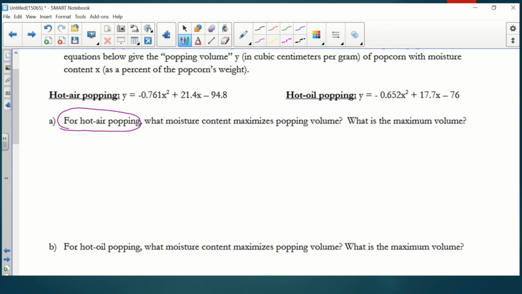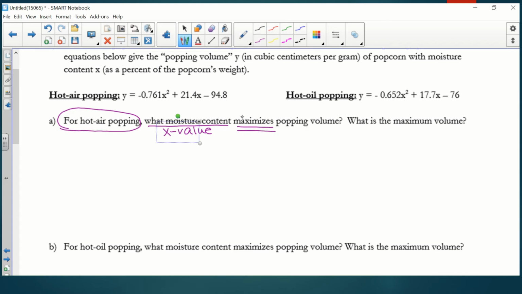What is the maximum volume? All right, so what moisture content? This is asking us for an X value. Specifically, what moisture content maximizes.